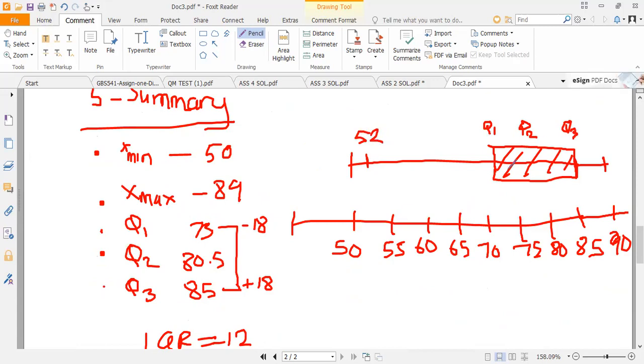Then 85 plus 18, what are you getting? 103. So this 90 is protected because it's inside the range, but this 50 is outside the 52. It will be called an outlier.